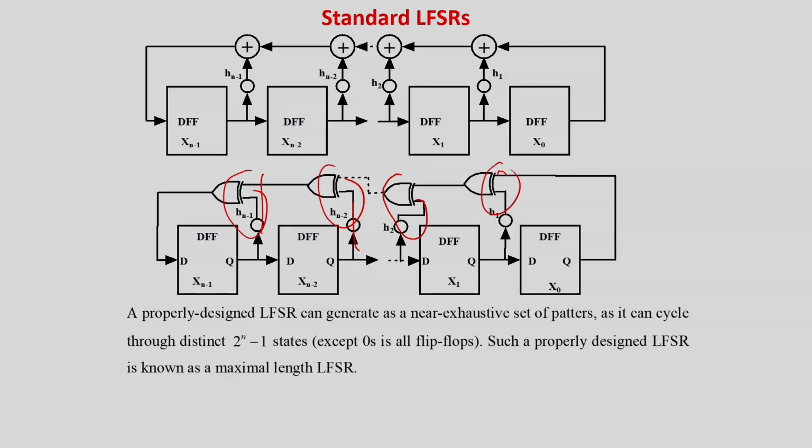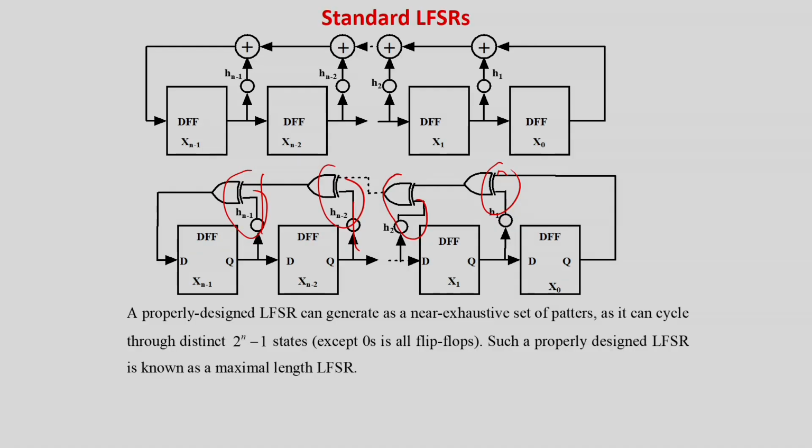Randomized in the sense that for a given type of XOR gates and a given length, what is the sequence pattern, which patterns are missed and which patterns are covered from 1 to 2 to the power n minus 1 depends on how you select these XOR gates. But that theory I am not going to go into, because the proofs are quite involved.